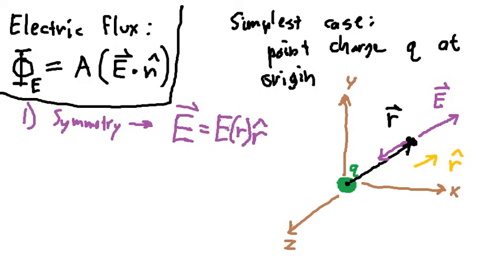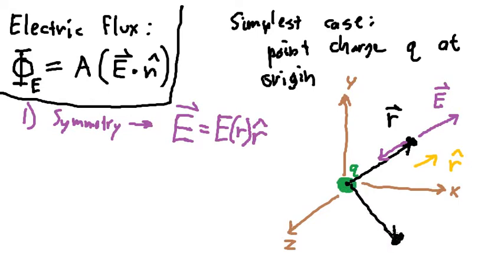And the easiest way to express that is in terms of a unit vector. So here's our r vector. R hat is going to be a unit vector pointing in the direction of r. And the electric field has to point in the direction of r hat, and it can have a magnitude. It can have a positive or negative magnitude, so it could point in the negative r hat direction.